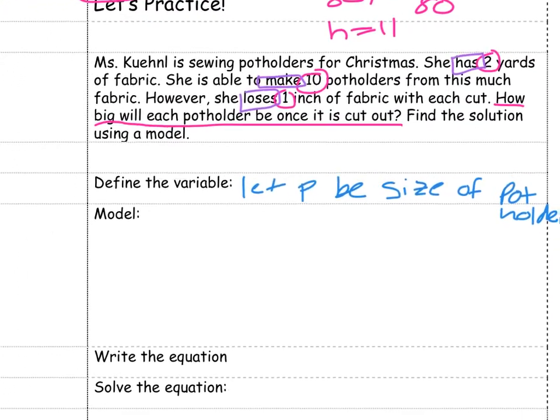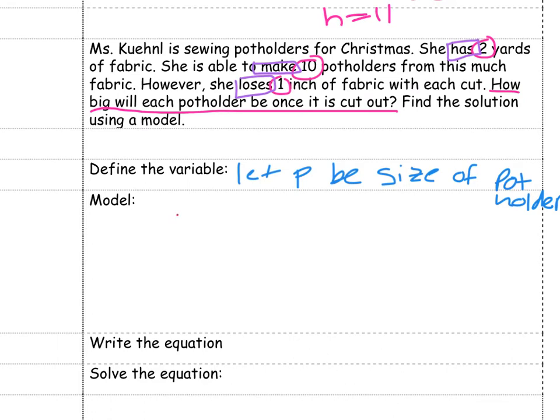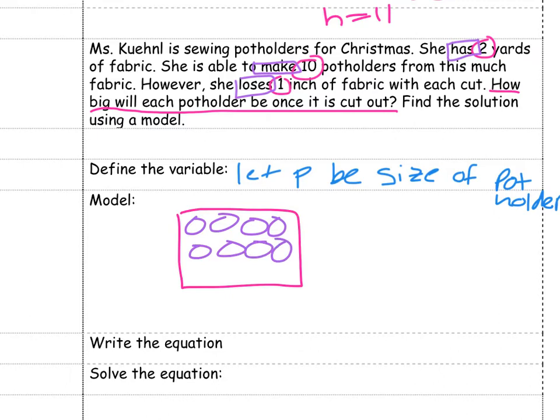Alright, so now I'm going to draw the model. I'm going to draw my yards of fabric, and she can make 10 potholders. So I'm just going to estimate 1, 2, 3, 4, 5, 6, 7, 8, 9, 10. You can draw this model however you want to. So the total is 2 yards, and then the purple circles are the 10 potholders.